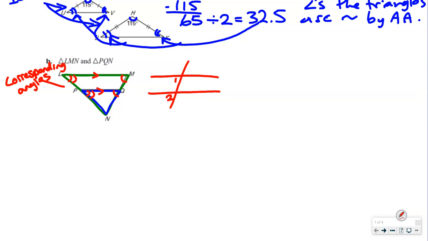So maybe off to the side we can say all of that information that we know. So we know that angle L and P are congruent by corresponding angles.